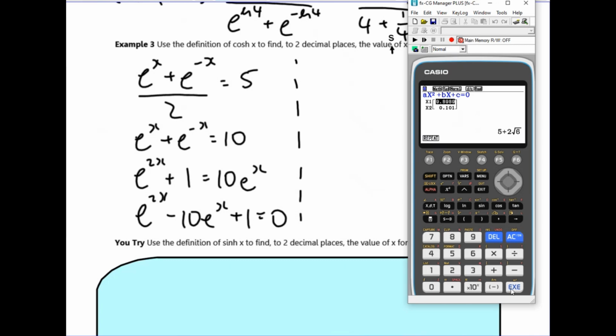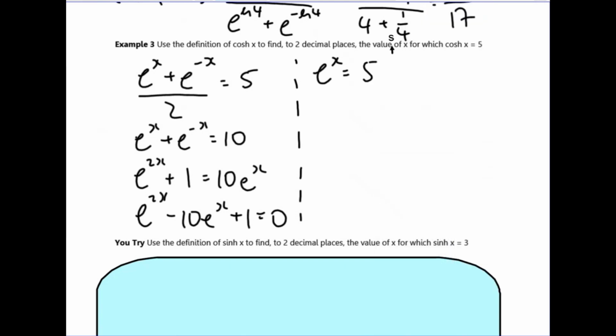It gives me 2 solutions. So I get e to the x equals 5 plus 2 root 6 and 5 minus 2 root 6. So let's get x, and ln that, and I get ln of 5 plus or minus 2 root 6. You can check that both of those are positive, so you can ln them, no problem.